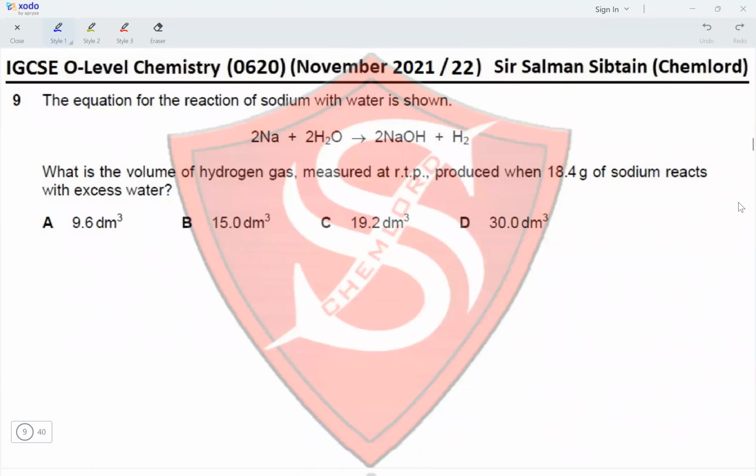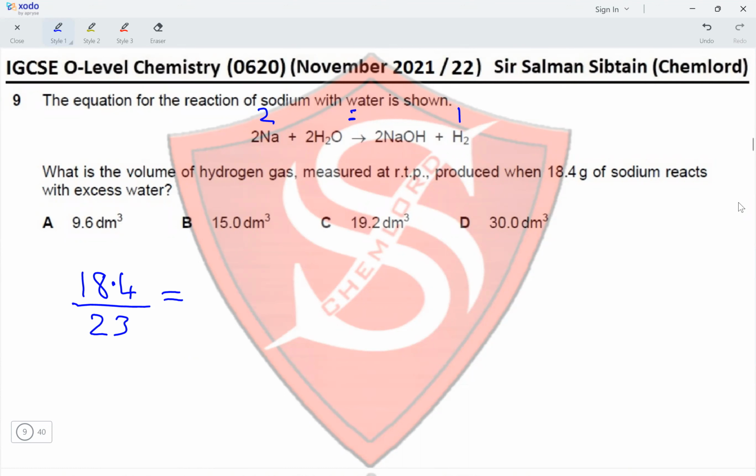Question 9. The equation for the reaction of sodium with water is shown. What is the volume of hydrogen gas measured at RTP produced when 18.4 grams of sodium reacts with excess water? So the molar ratio of sodium to hydrogen is 2 to 1. So we have 18.4 grams of sodium reacting. The Ar of sodium is 23.